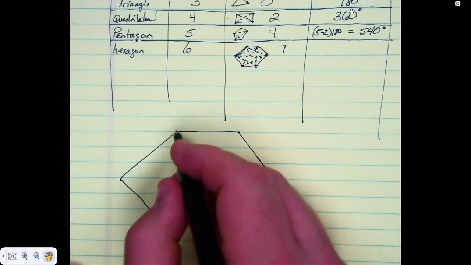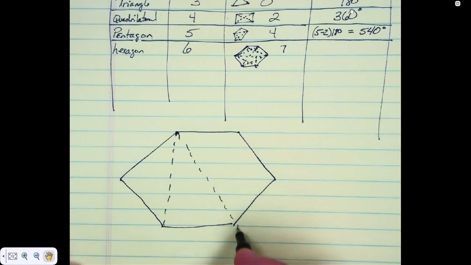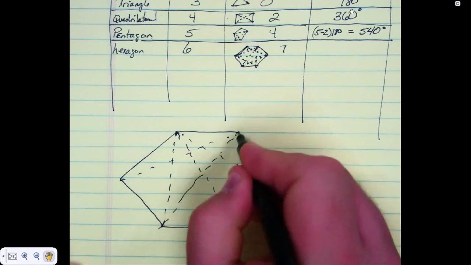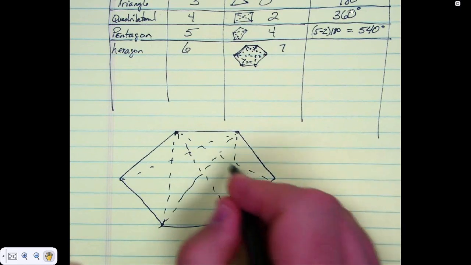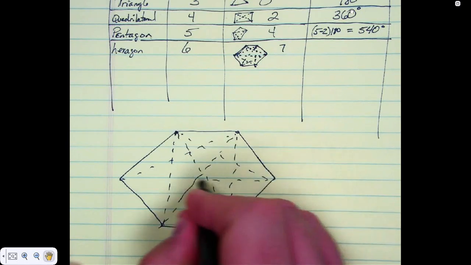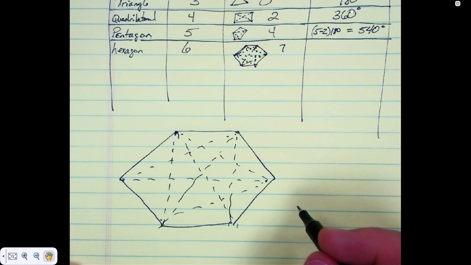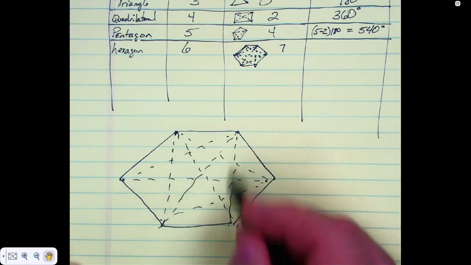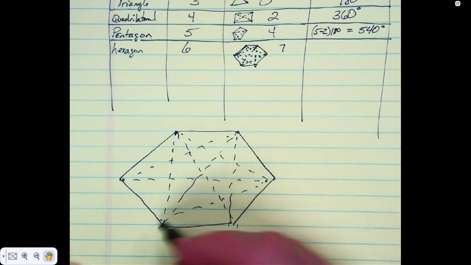Do you want to check yourself? Did you do one from the bottom right corner to top left? Well, that's why I made it bigger. 2, 3, 4, 5, 6. Done that one. 7, 8. Wait a second. 1, 2, 3. Already did that one. 7, 8.